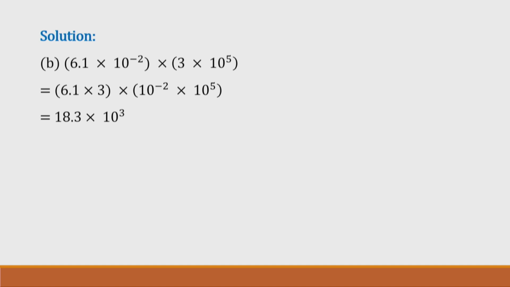Minus 2 plus 5 is 3. So this answer is not in standard form. I rewrite 18.3 as 1.83 times 10 power 1, or simply 10, times 10 to the power of 3, which will give me 1.83 times 10 power 4.